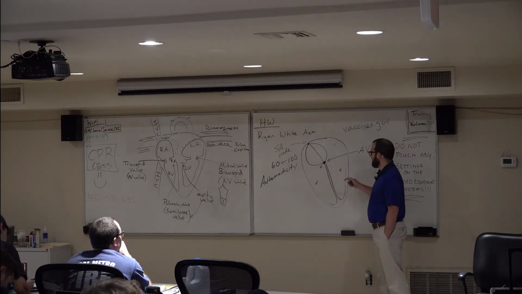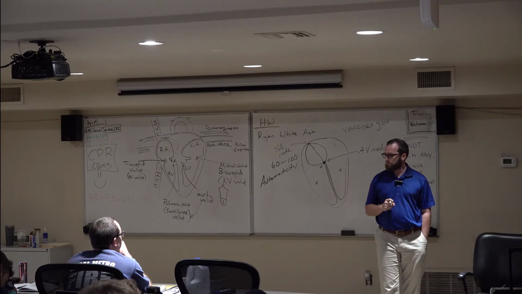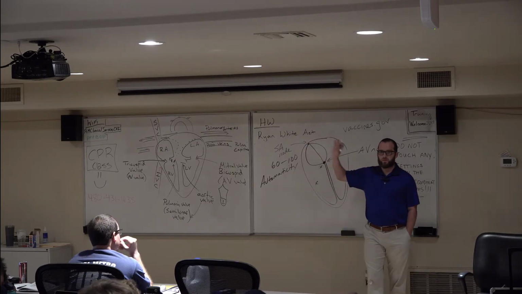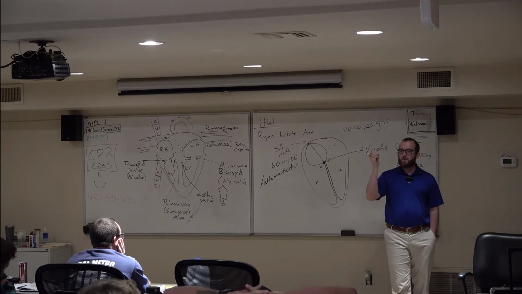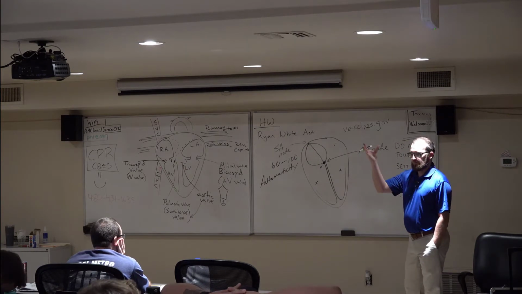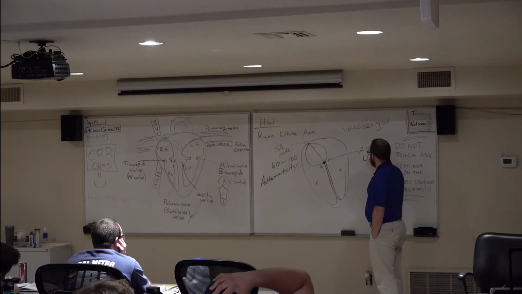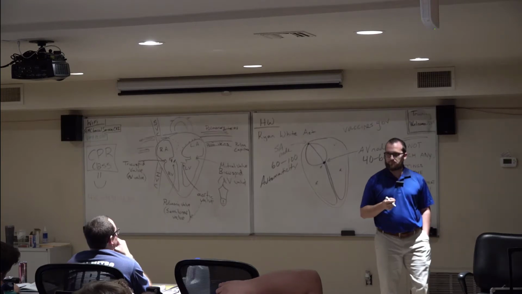So the AV node, if it decided, you know what, I'm going to fire, right? Maybe the SA node's failing. Maybe there's some sort of weird structural damage to the SA node and it wasn't working properly. As a backup system, that AV node can kick on and it can be responsible for driving our rhythm. It wants to fire in a range of 40 to 60.